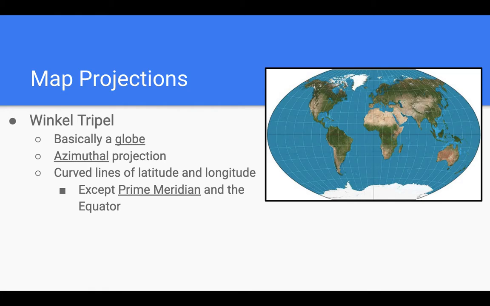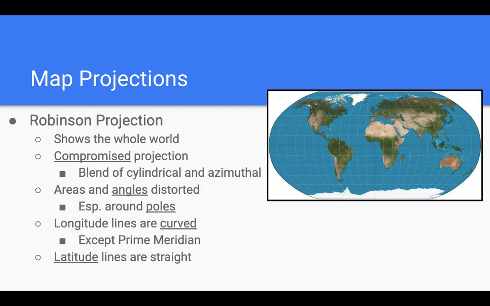Okay. And then the next one is going to look similar, but it's a little bit different, and I'll show you how you can tell the difference. This is called the Robinson projection, and this is another one that shows the whole world. Robinson created this, I think, in the 50s, but he was looking at it more artistically. He wanted to show the world more artistically. So if you look at this, the lines of latitude are actually really straight, whereas the lines of longitude are curved. The only exception to this is obviously the prime meridian and the equator.